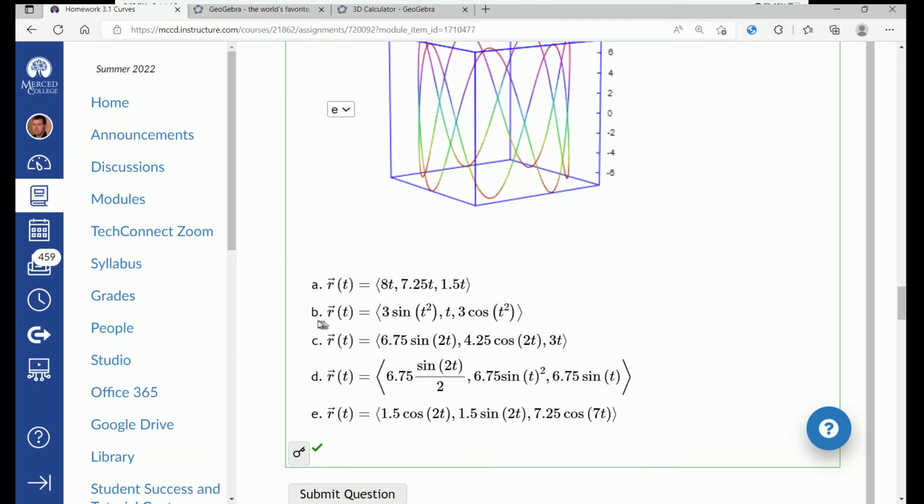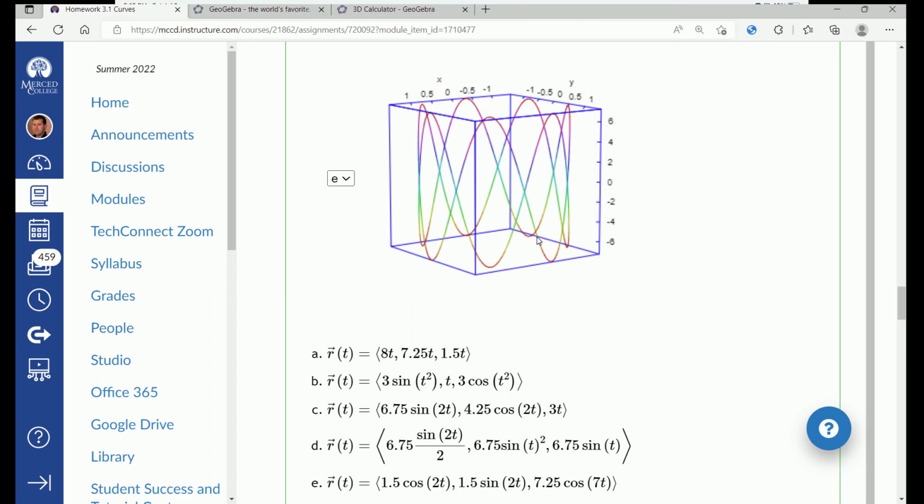look at B. Because x is 3 sine t squared, I know that sine is between -1 and 1, and then you multiply by 3. So x has to be between -3 and 3. Also, z has to be between -3 and 3. So if I rotate this to look at the x and the z, they need to be between -3 and 3.